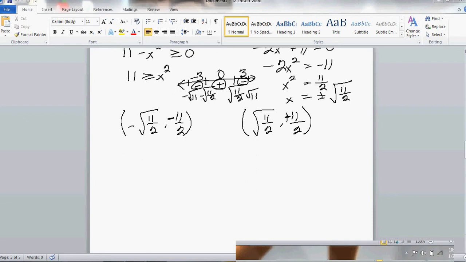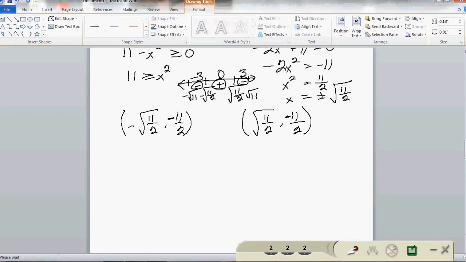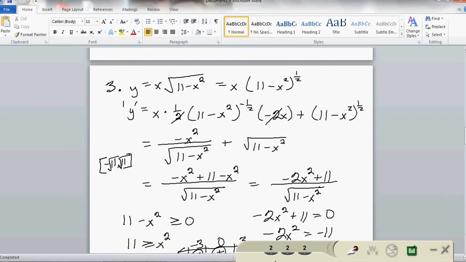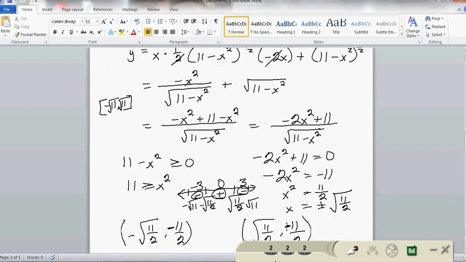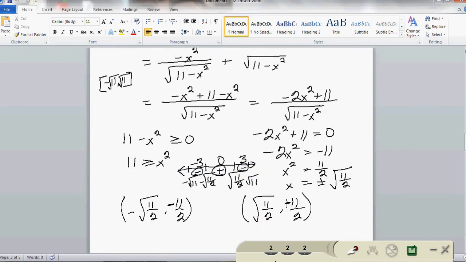Now it's time to do the inflection point, which means we have to go, here's the first derivative, and so what we need to do is take the derivative of this, which of course is going to take the second derivative.